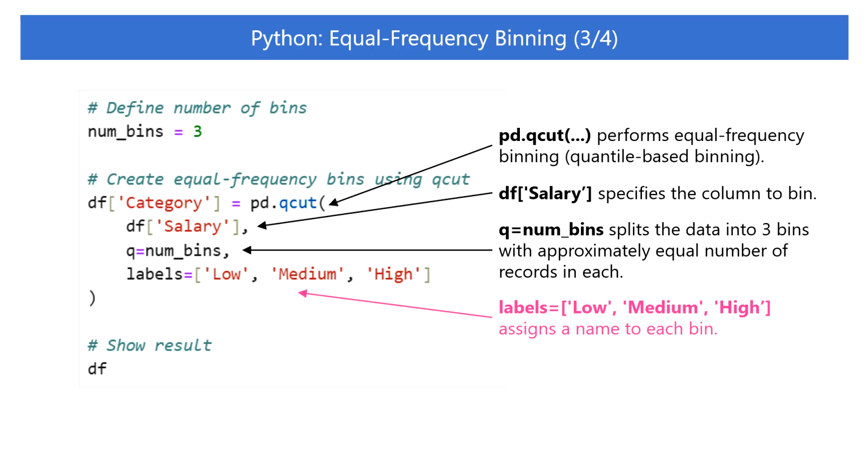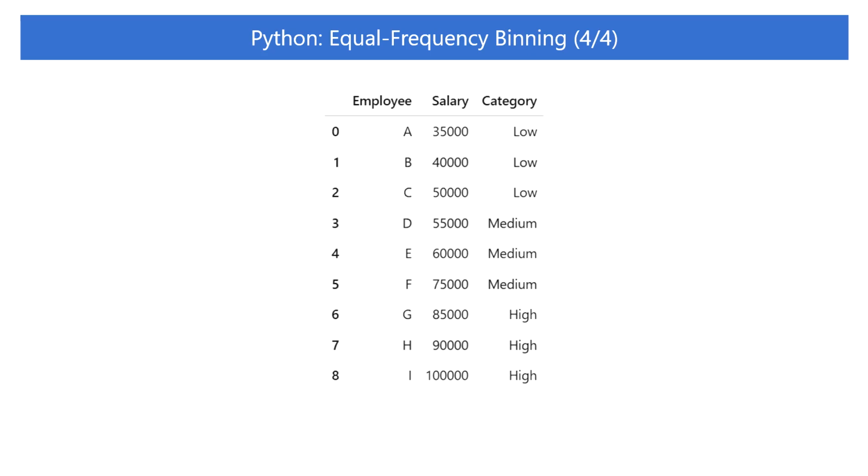Finally, the argument labels is a list of names assigned to each bin: low, medium, and high. The result is stored in a new column, category, in the data frame. The category column shows whether each employee falls into the low, medium, or high salary group based on equal frequency binning.